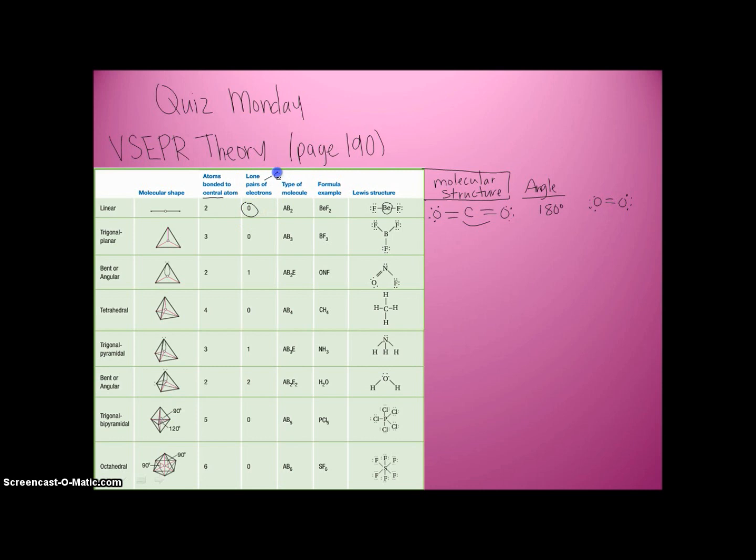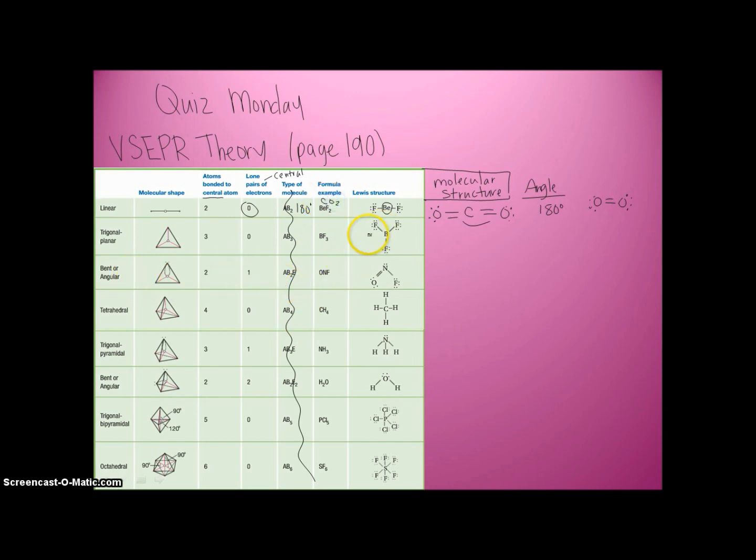This always refers to the central atom. Carbon does not have any lone pairs. This will not be on your quiz. This will be the angle, so here we'd write 180 degrees. And this would be the formula example, so you could write CO2 here as well.